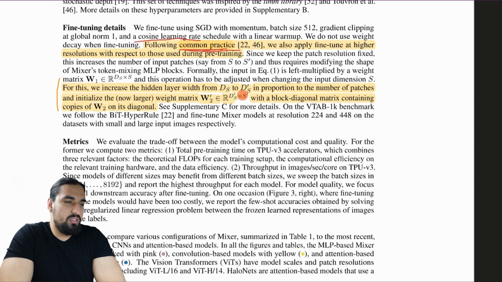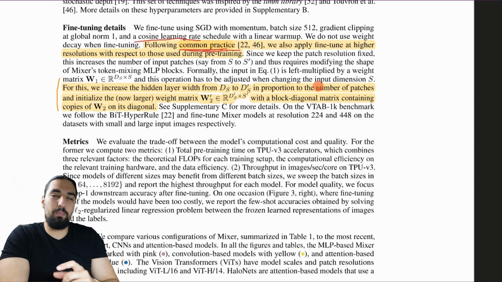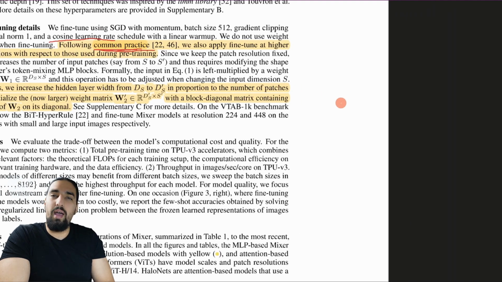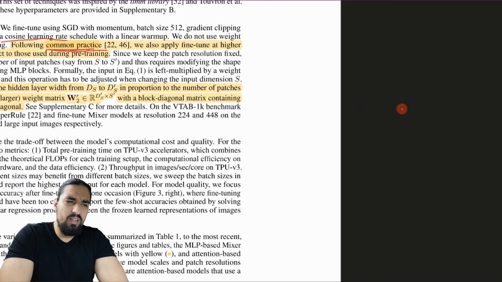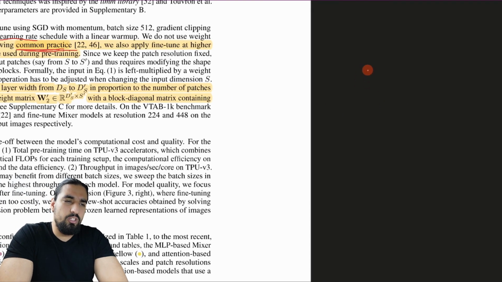Because they are upscaling during the fine-tuning process, they somehow have to adjust the weights of the MLPs. The reason is, if you remember, the input image can be represented as S times C, and the token mixer attends across the number of patches.